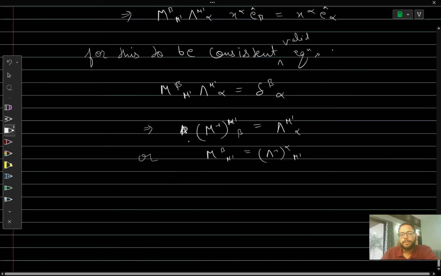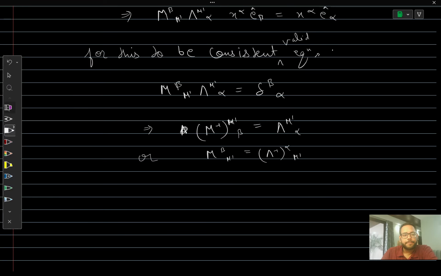It should be of the same index actually. You just take it here and then you will see that beta and alpha are equal. Then you can write it like this one. So at LHS and RHS, the number of free indices should be equal.